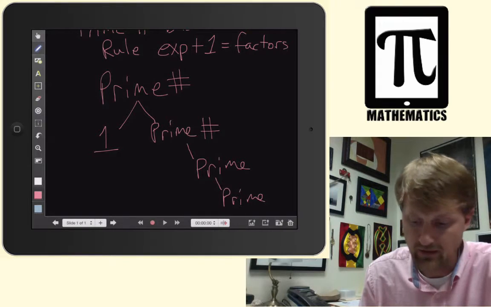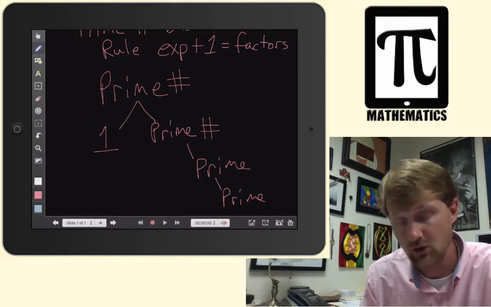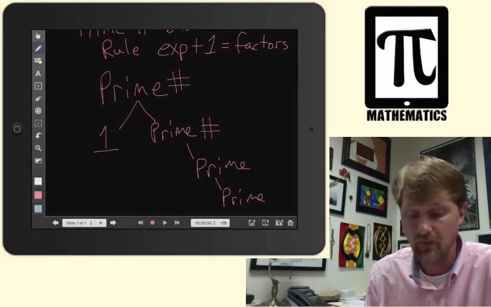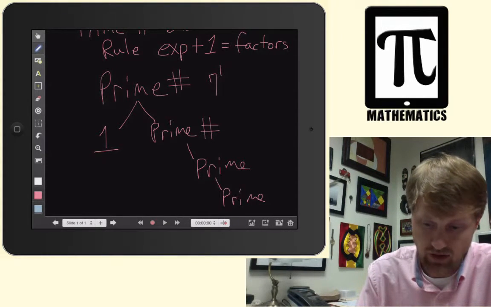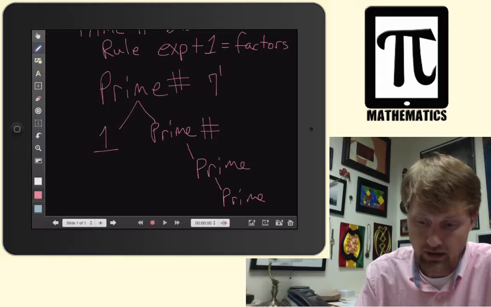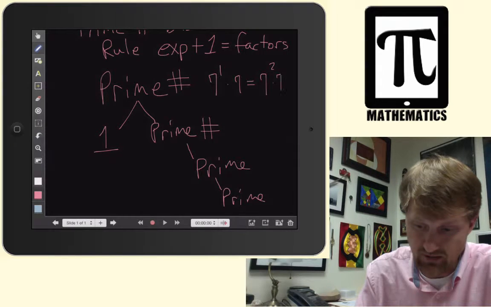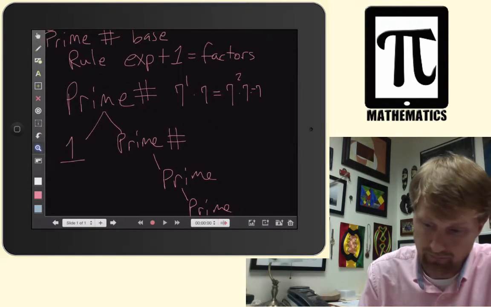We multiply it times another prime number again, and each time it's just prime and 1. So like 7 raised to the first power, and you multiply that times 7, that gives you 7 raised to the second power. You multiply that times 7 again, and that's going to be 7 to the third power.